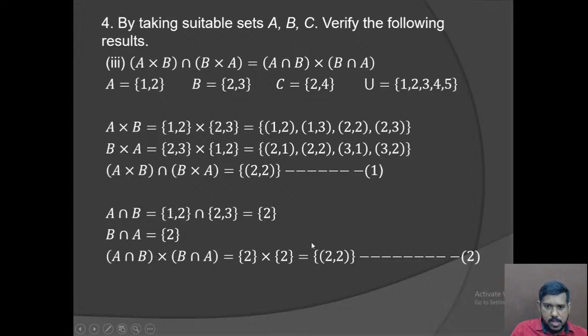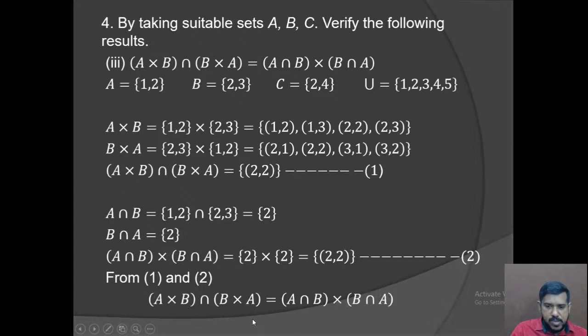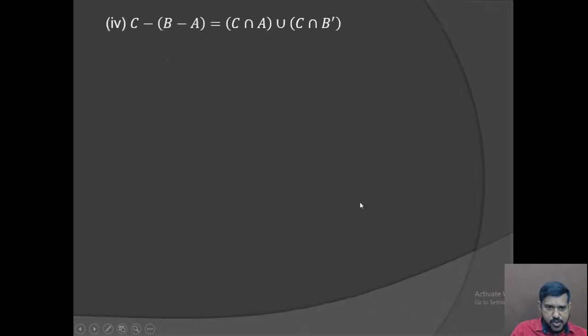Okay, so this can be considered as equation 2. So this is equation 1 and this is equation 2. 1 and 2 are the same. So from that we can say this result is verified. That is, from 1 and 2, (A cross B) intersection (B cross A) is equal to (A intersection B) cross (B intersection A).